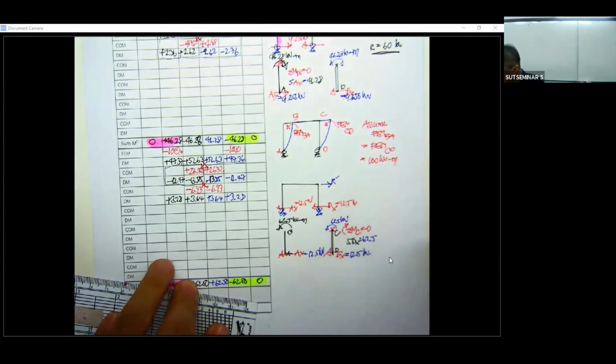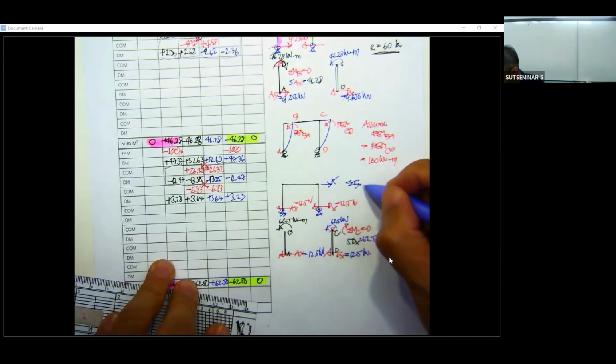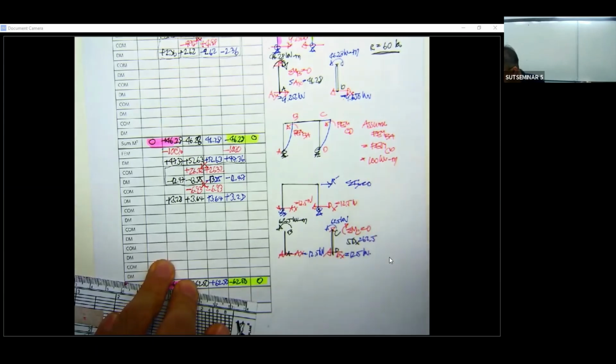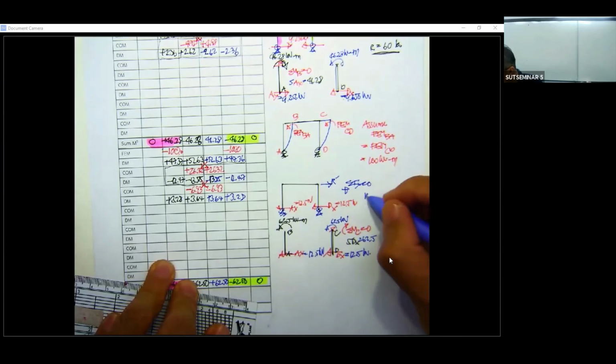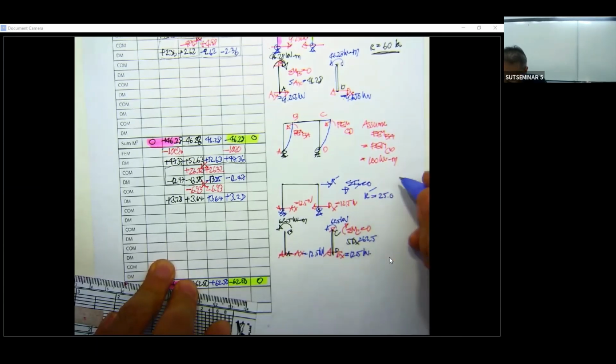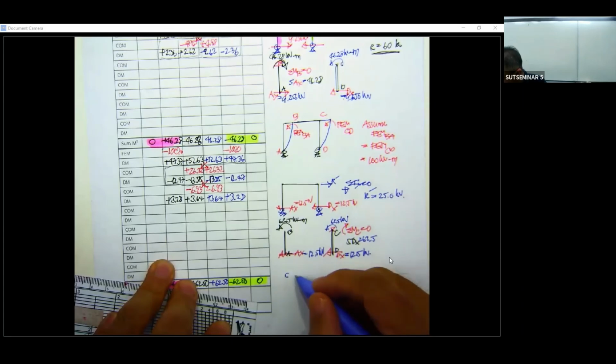Okay, and then you do the summation of F sub x equal to 0 in this direction, so your R prime is going to be 25.0 kilonewton.